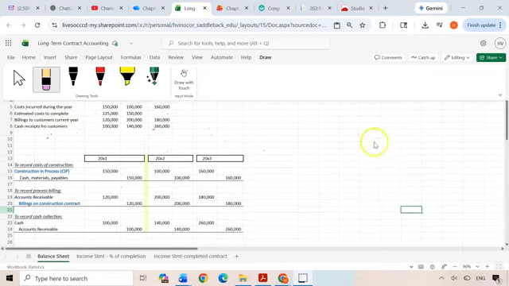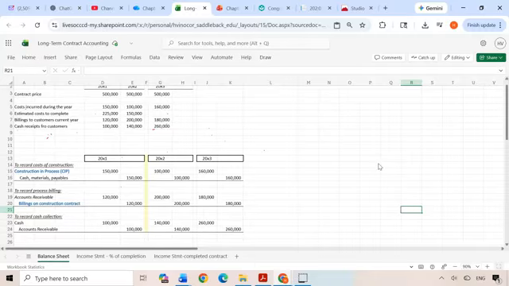Now let's go up and do year two. In year two, we're told that the costs incurred during the year were $100,000. So we're going to debit the construction in process for $100,000 and credit, let's just call it cash, for $100,000. And then for the accounts receivable, we're told the billings in year two were $200,000.